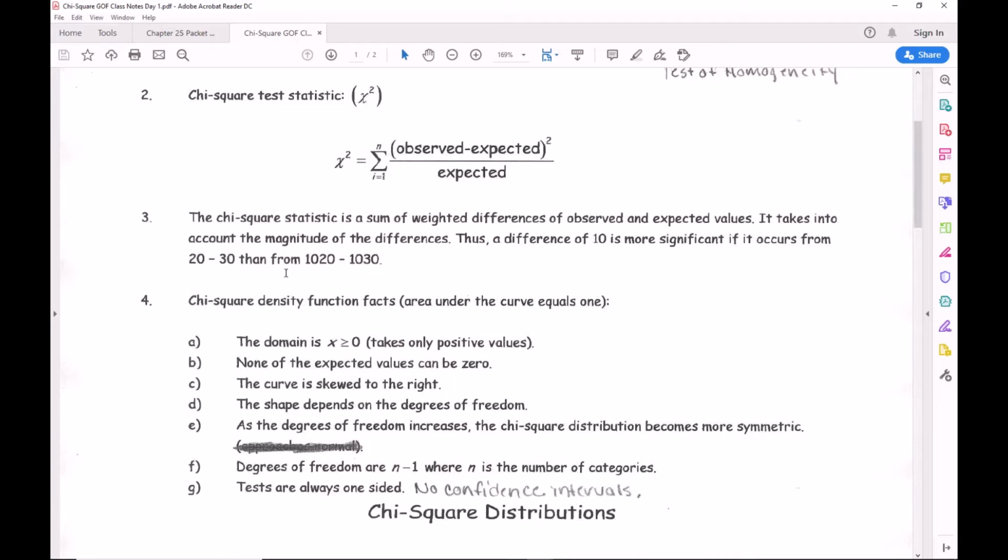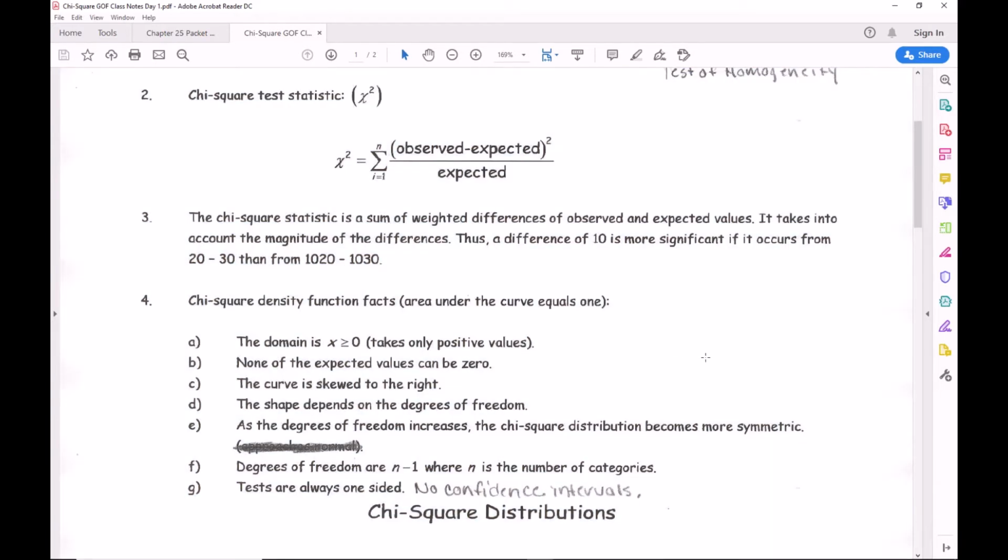Because think about it, 10 is half of 20 and 1/3 of 30. So it's a big portion of those 2 numbers, whereas here, 10 is a little more than 1% of this number. So the magnitude of 10 really matters more here than it does here.